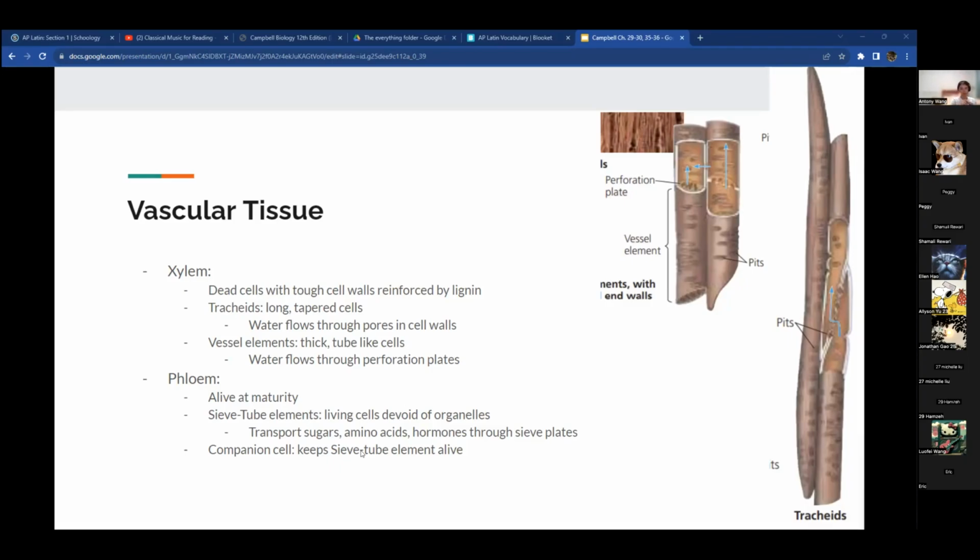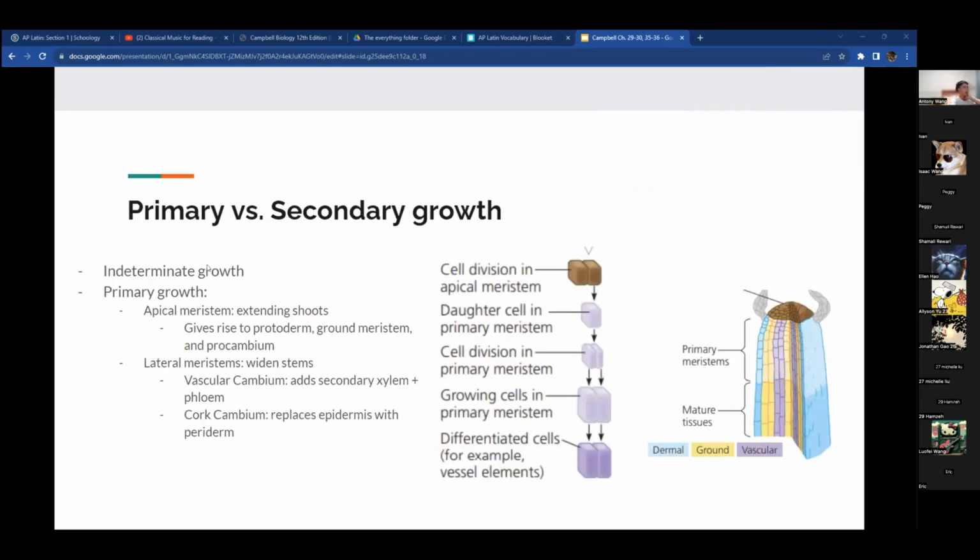But the sieve tubes, on the other hand, push sap into sieve tube elements so that the pressure increases, and then it goes where it needs to go. We probably have a slide on that.